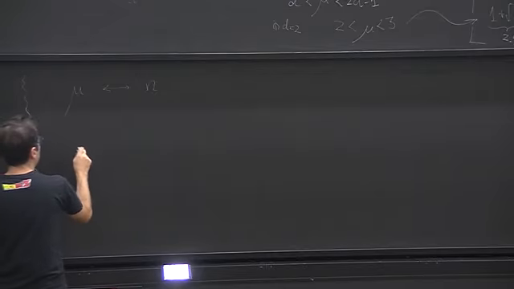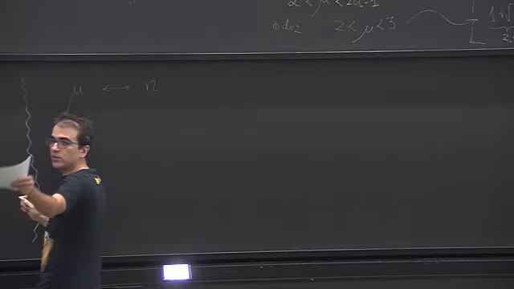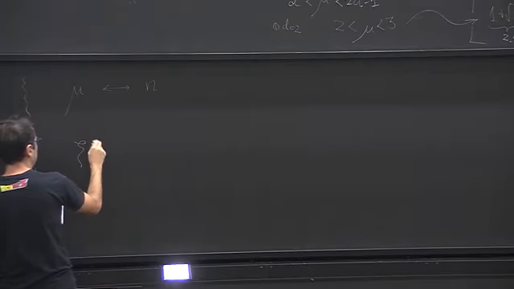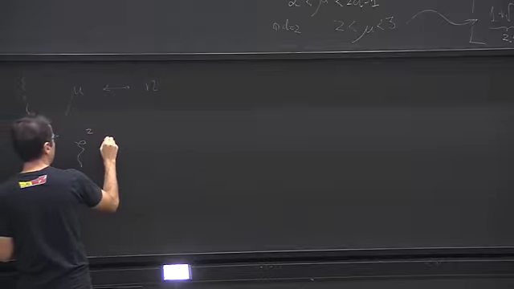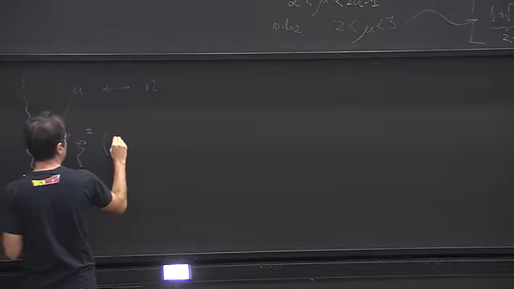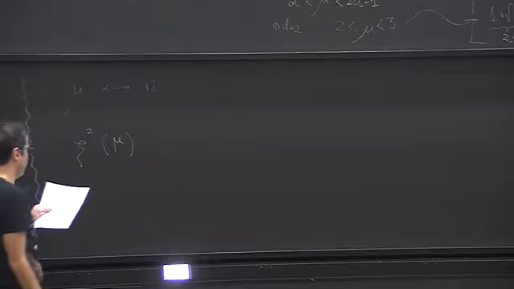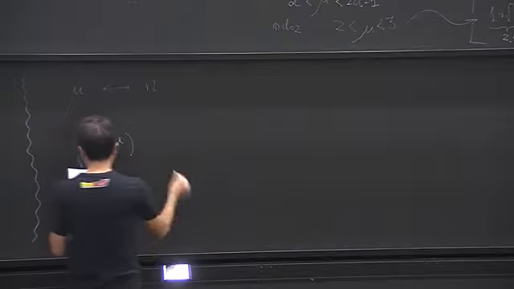For example, I could consider the generalization of that mean displacement that now I would call correlation length at fixed chemical potential mu. And what would this be?